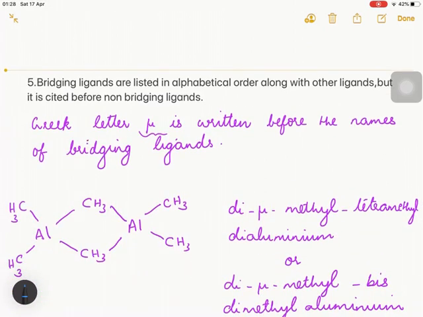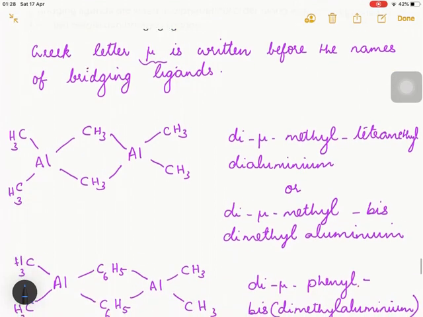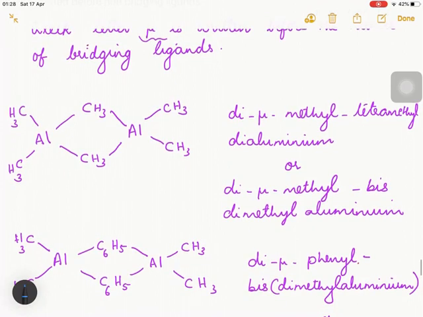Now the next point is, bridging ligands are usually listed in alphabetical order with other ligands, but cited before non-bridging ligands, and the Greek letter mu is written before the names of bridging ligands. In the following examples, in the first example, the methyl group acts as a bridging ligand.